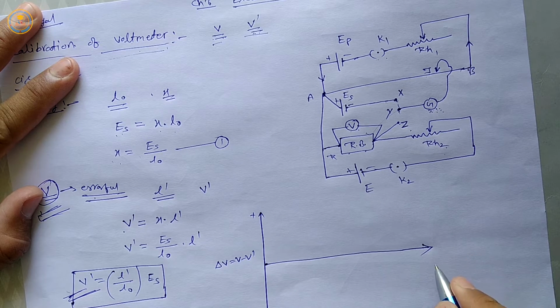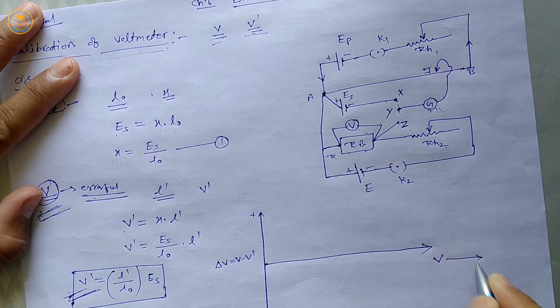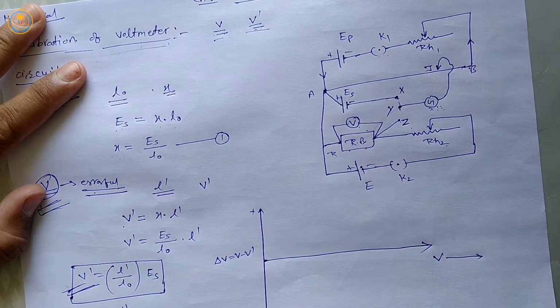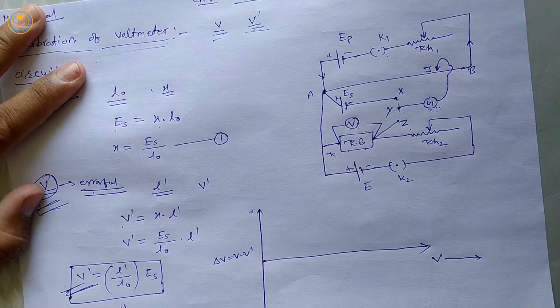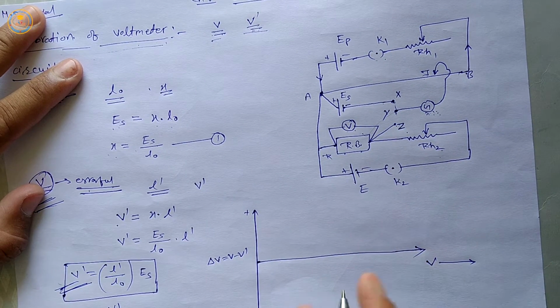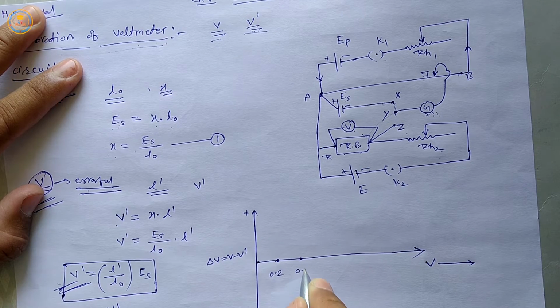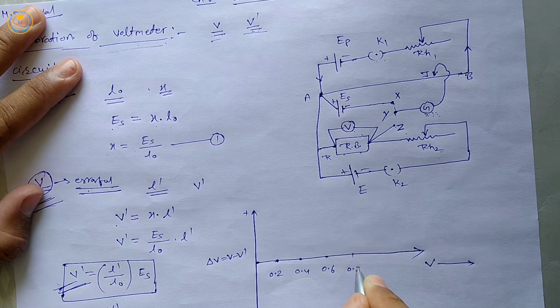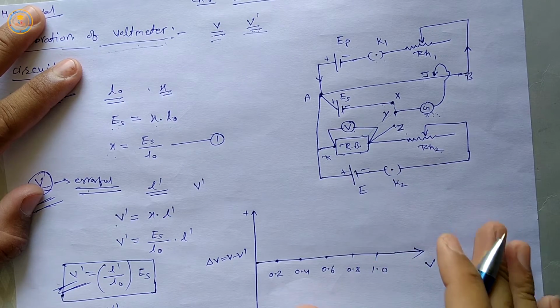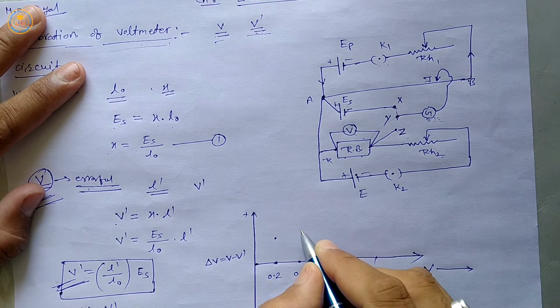And on the x-axis, this is the observation of the voltmeter V. Then by the readings, we plot the graph. So this is 0.2, 0.4, 0.6, 0.8 and 1.0. Then the graph we get is of this type.